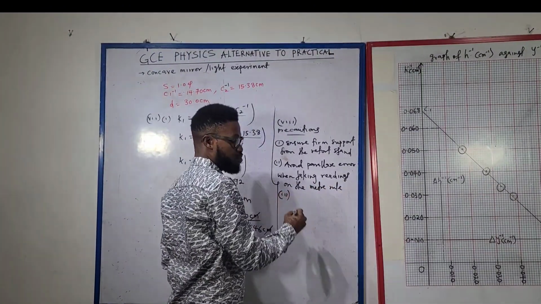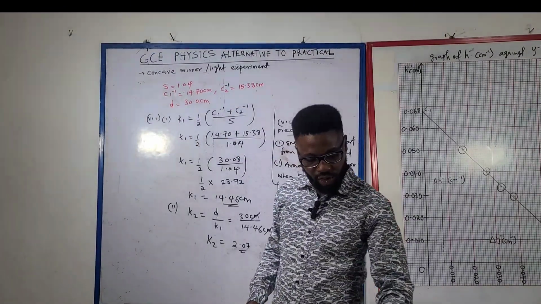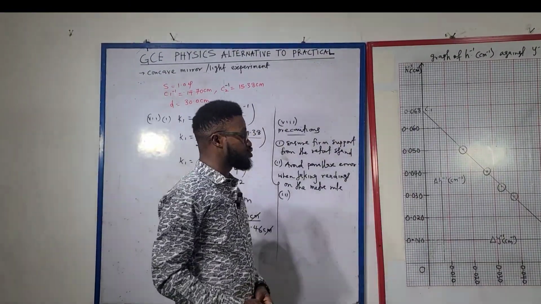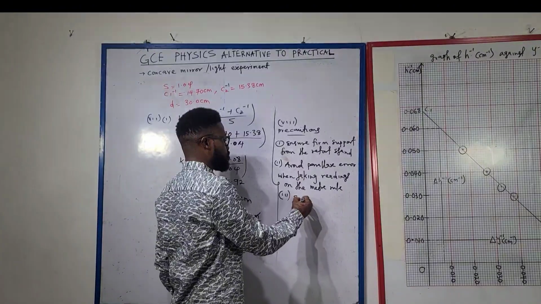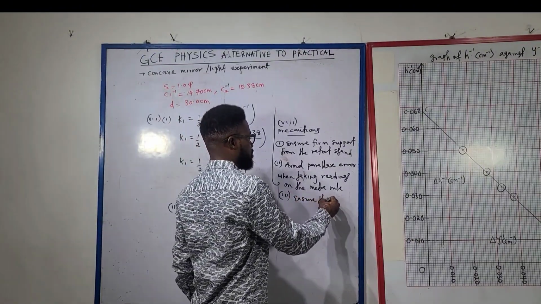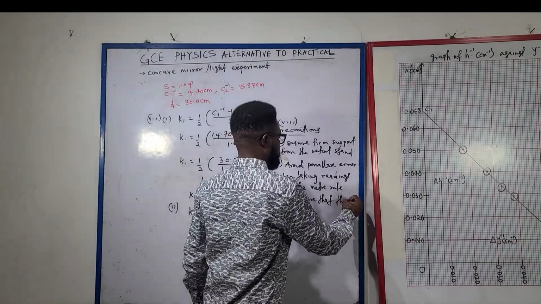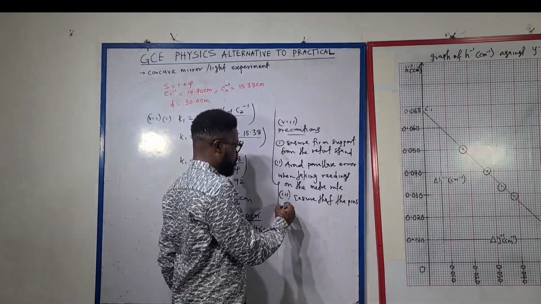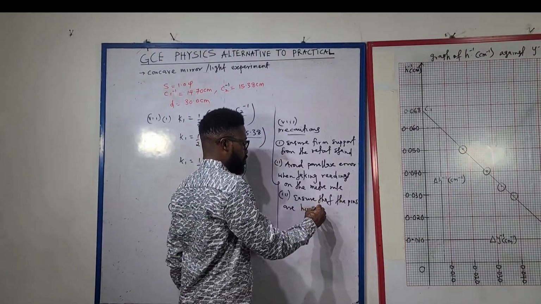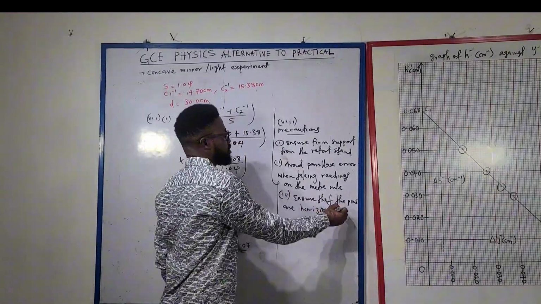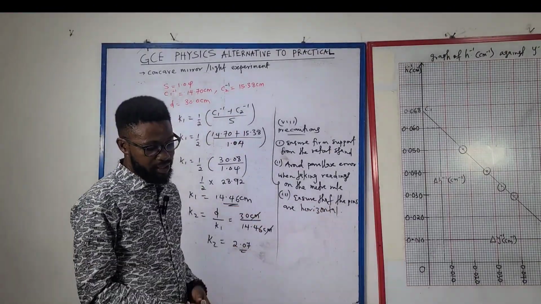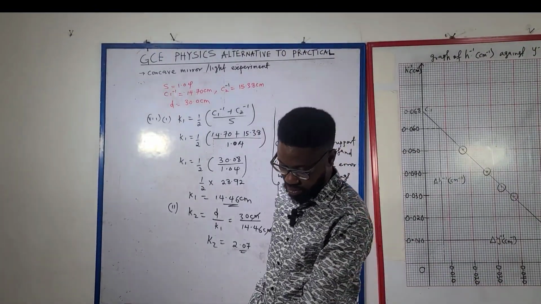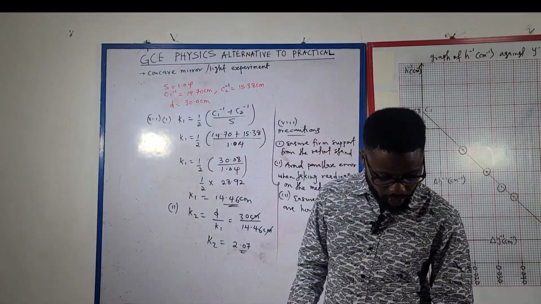Let's just add one more for bonus, although in the question we were told to list two. If you read through the instruction very well, you must ensure that the pins are horizontal. This is according to the instruction given before we took our measurements. So that's that about the precautions.